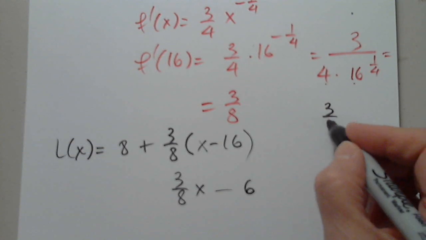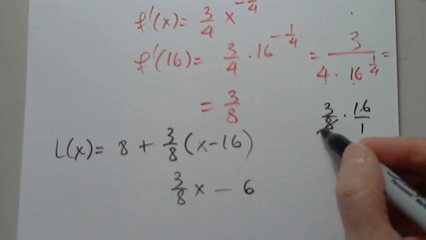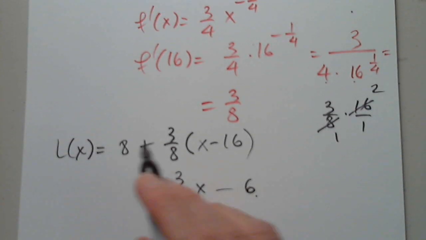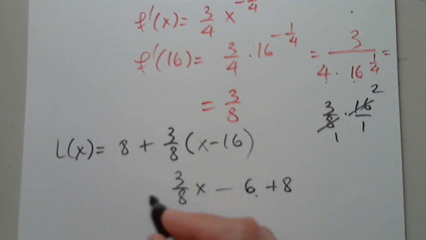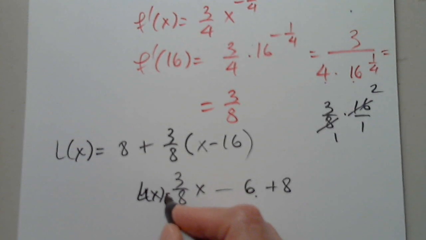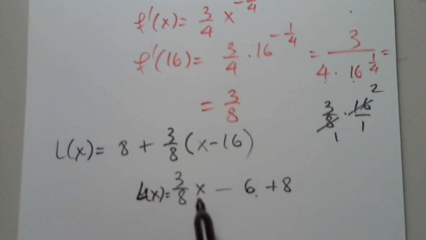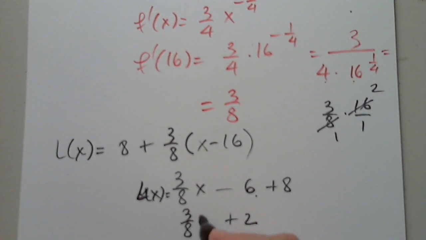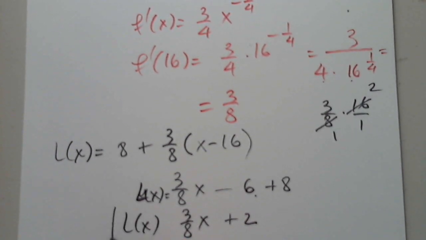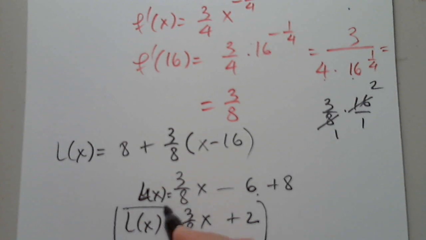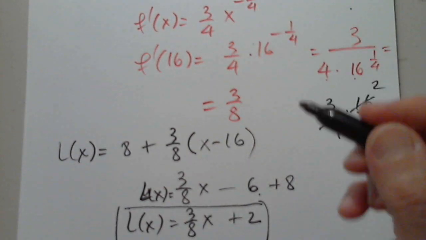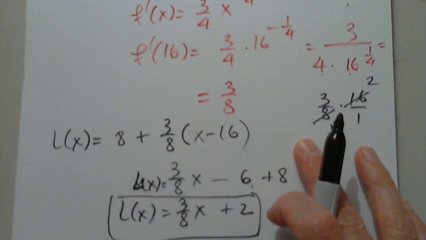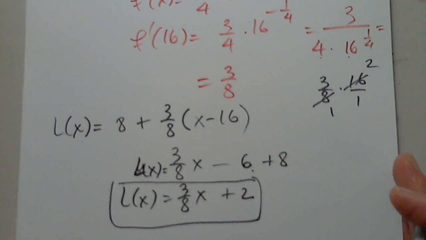How do I know? 3 over 8 times 16 over 1, I simplify, and I get 3 times 2, which is 6. And I have to add 8. So L of x is 3 over 8x minus 6 plus 8, which is positive 2. So 3 over 8x plus 2, and that's the line that approximates this function near a equals 16.